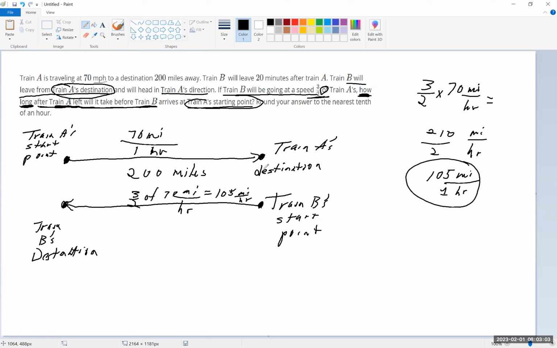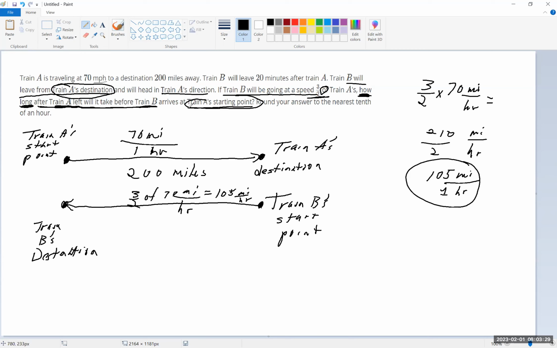All right, what are we trying to figure out? If train B will be going at a speed of 3/2 of train A's, how long after train A left will it take before train B arrives at train A's starting point?